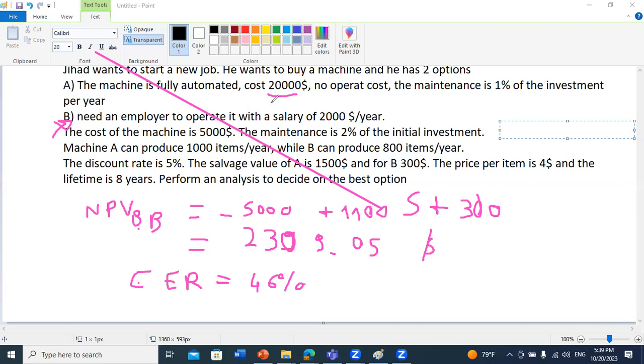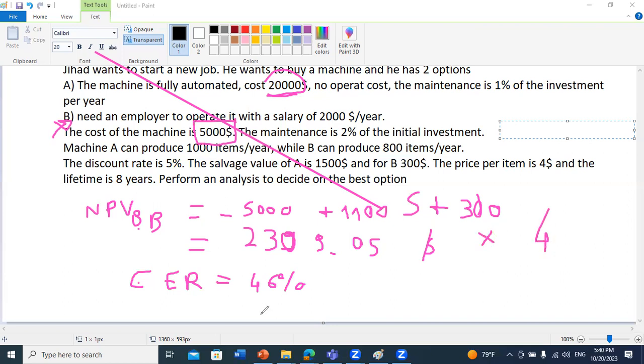Look, if I have $20,000, instead of buying one machine, I can buy four machines of plan B. So if I have the same investment, I can have an NPV that will be times 4.